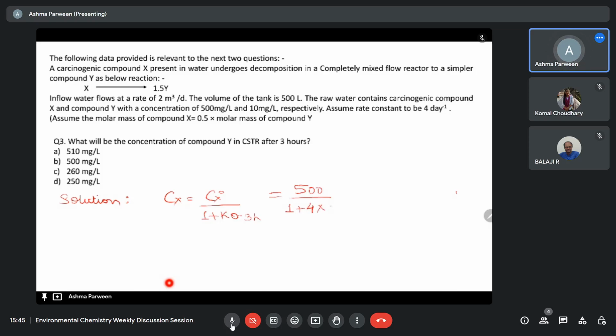We will convert into days, 3 by 24. And after solving this, the concentration of X after 3 hours will be 333.33 milligrams per liter.